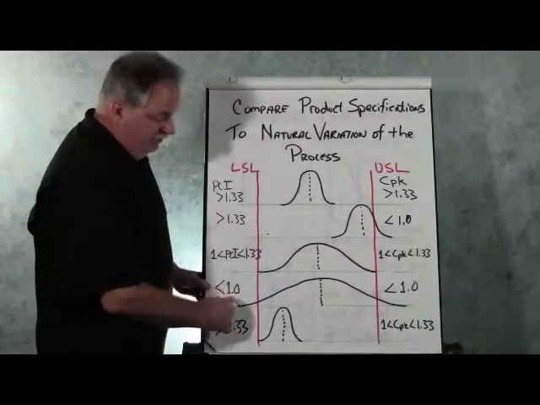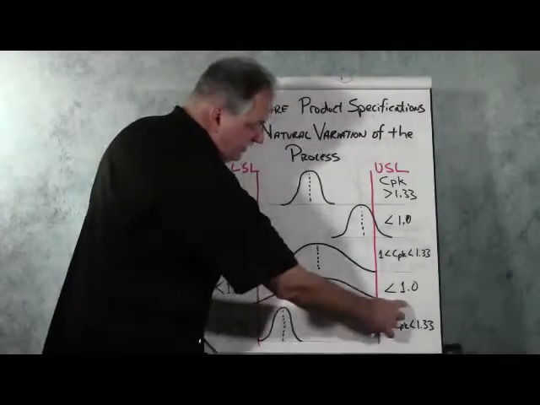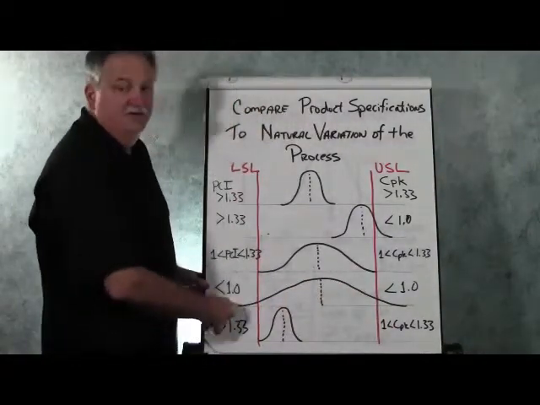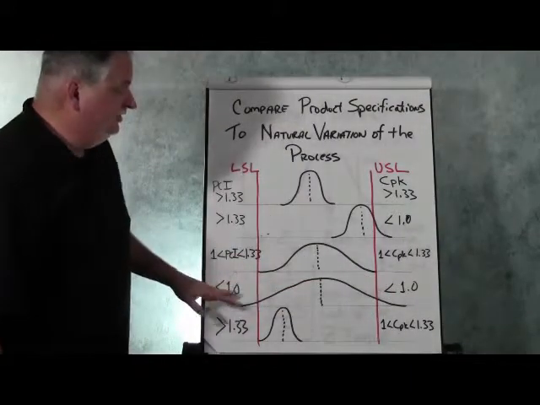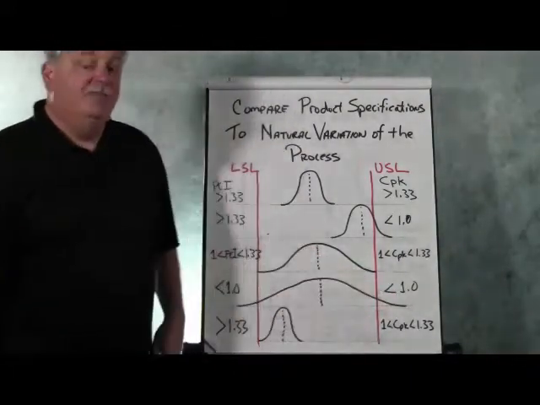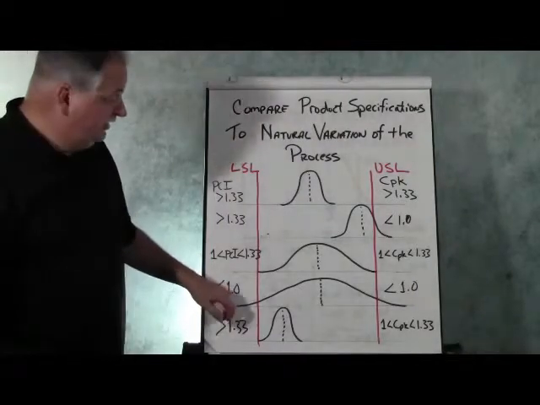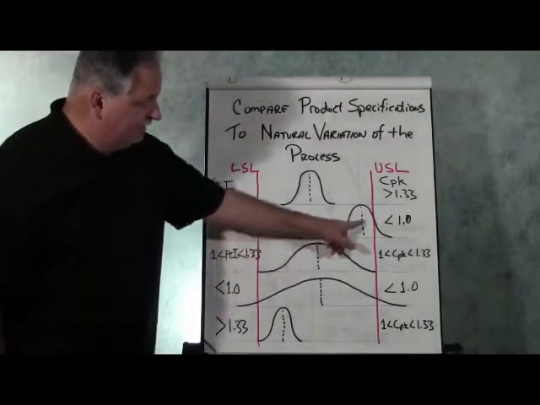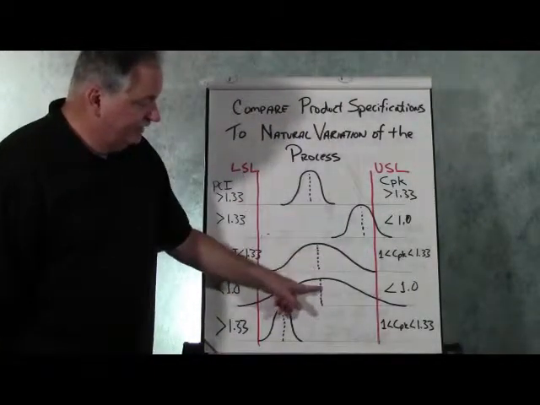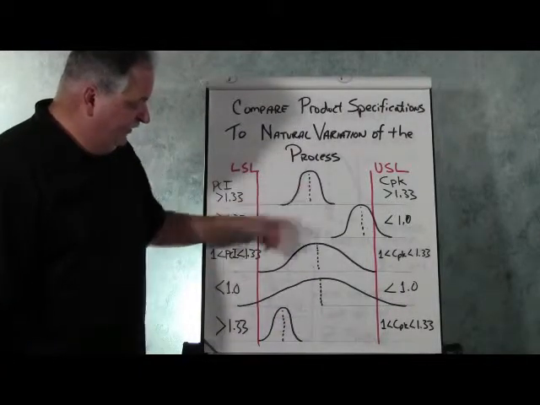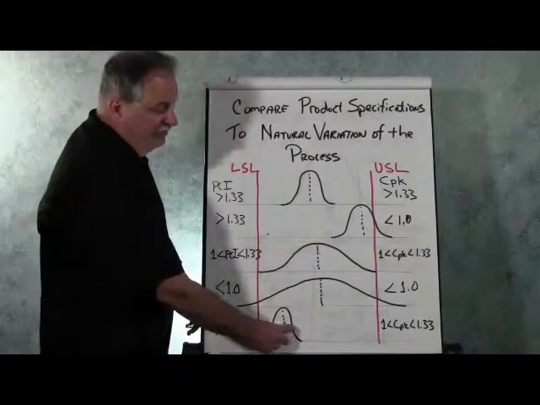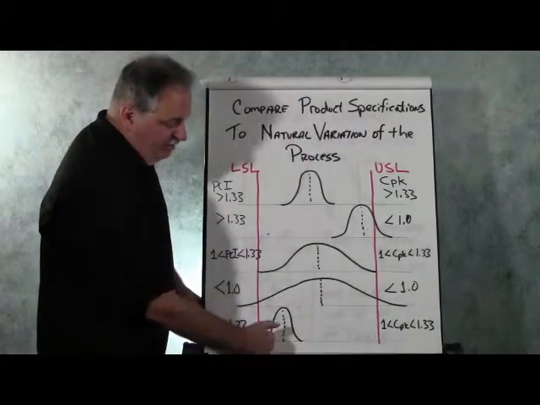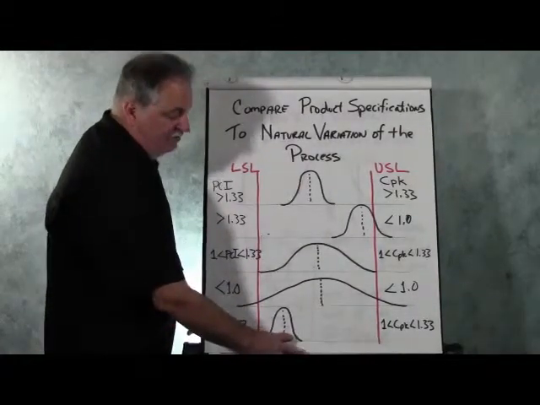Now, I'm in a situation where my distribution stretches beyond the spec limits. Both of these situations, the PCI and the CPK, have values that are less than 1, so we're not capable. So this is not capable, not capable, not capable, capable. How about this situation? We're greater than 1.33, but we aren't past the spec, but we're getting real close to it.